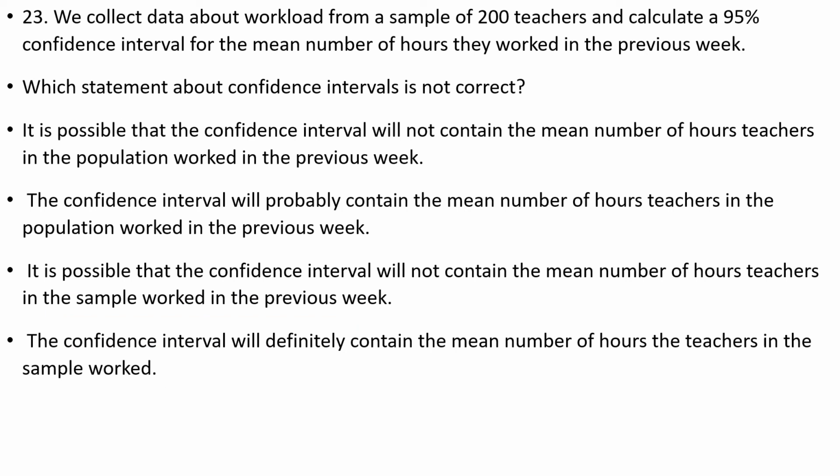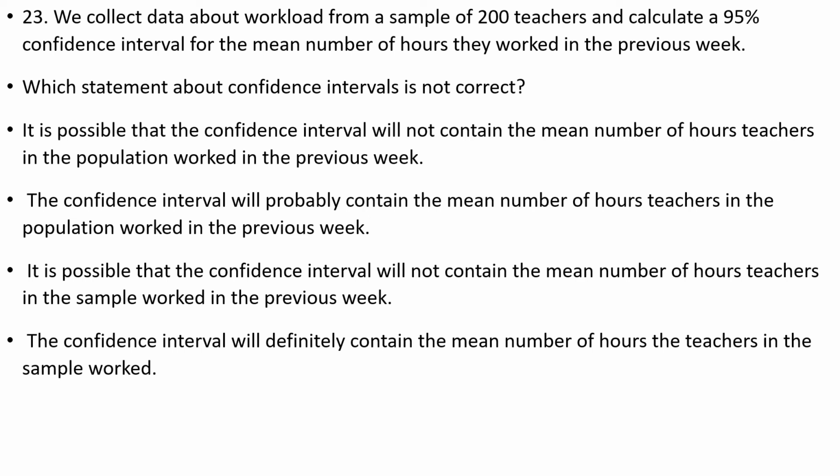Number 23. We collect data about workload from a sample of 200 teachers and calculate a 95% confidence interval for the mean number of hours that they worked in the previous week. Which statement about confidence intervals is not correct? It is possible that the confidence interval will not contain the mean number of hours teachers in the population worked in the previous week.